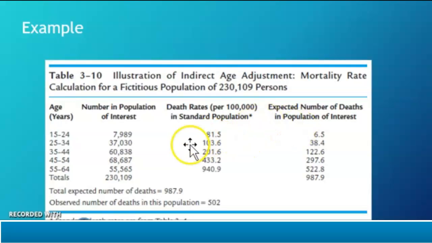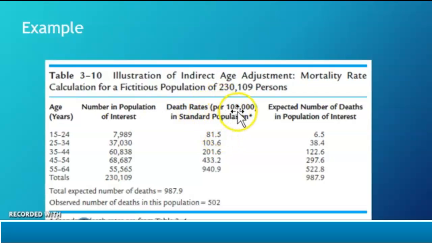So I'm going to use this as an example to show how to do the calculation.